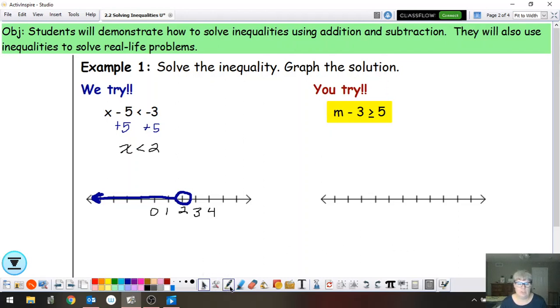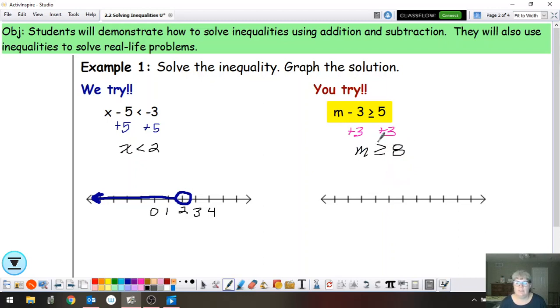Now that you've had a chance to try this one, hopefully what you did was add 3 to each side so that you ended up with m is greater than or equal to 8.